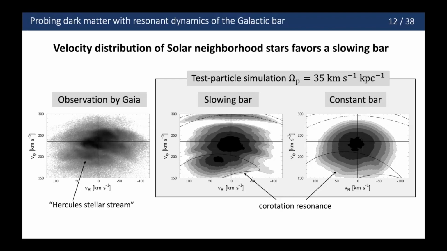Yes, of course, it will change depending on the angle of the bar. But most sensibly, it depends on the current pattern speed, because this is the value that really determines where the resonance is exactly. Right, but since it's anisotropic, you have to know the angle. Okay, you assume the 30 degrees. Exactly. Okay.